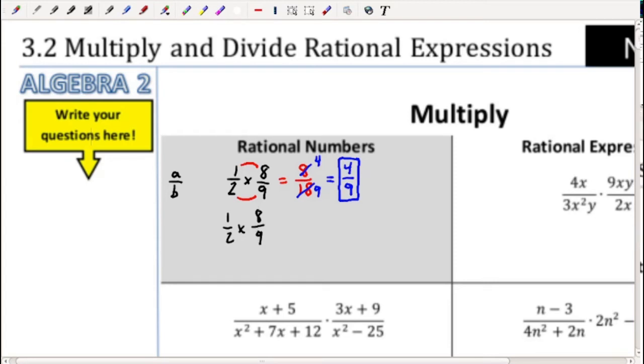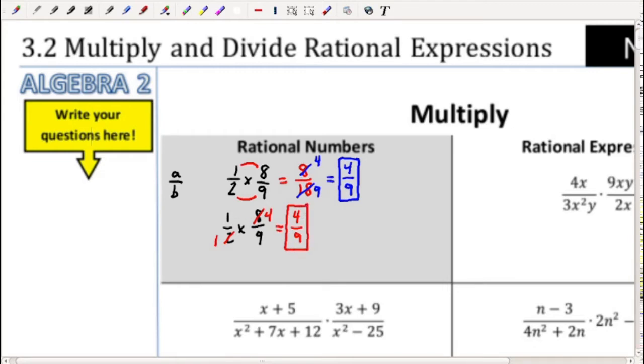And we did see that we have common factors between 2 and 8. We can divide them both by 2. So 2 divided by 2 is 1, and 8 divided by 2 is 4. Once I've run out of common factors, I just do my multiplication. 1 times 4 is 4, and 1 times 9 is 9, and I get the same final answer.